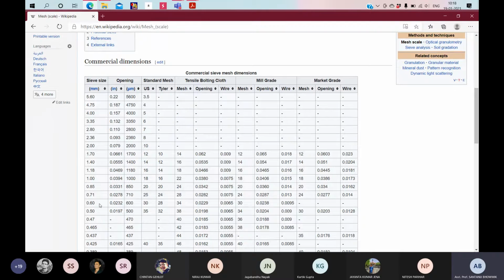Suppose you are going to break the 6-inch cube sample into two pieces, you will maybe get two rectangular slab samples of 6-inch by 6-inch by 3-inch. So you are getting 6 plus 6, so now you are getting 12 surface planes.